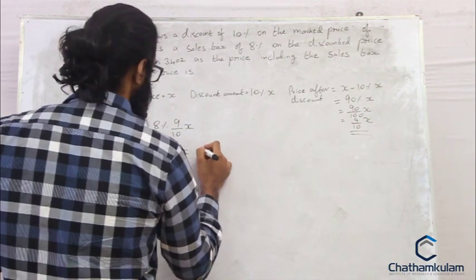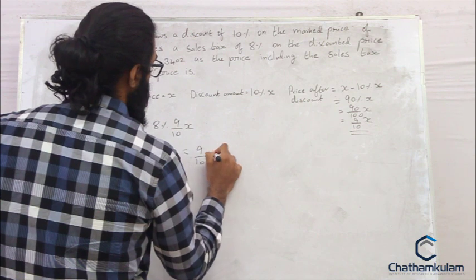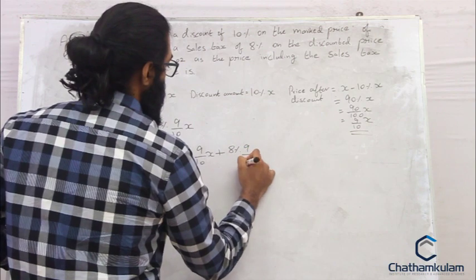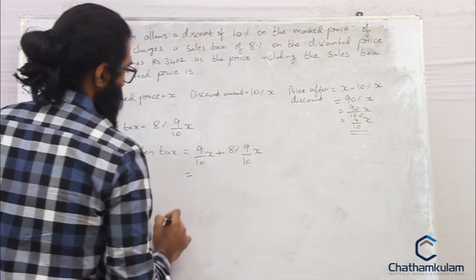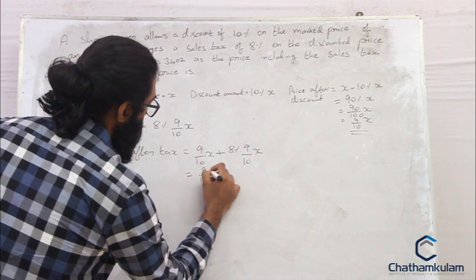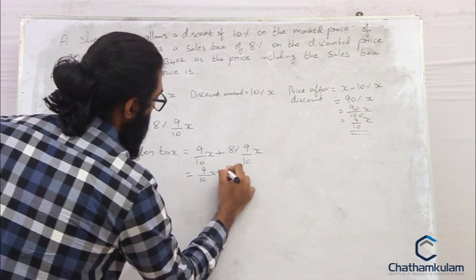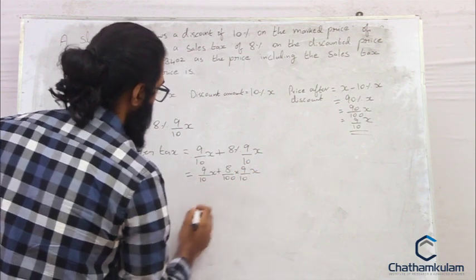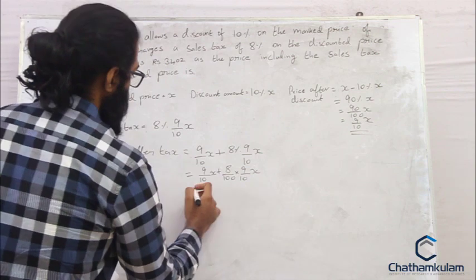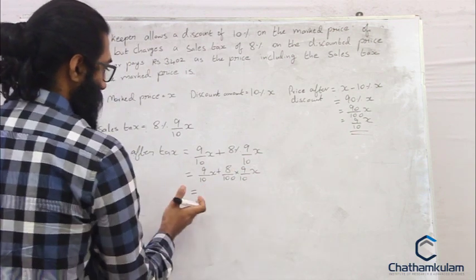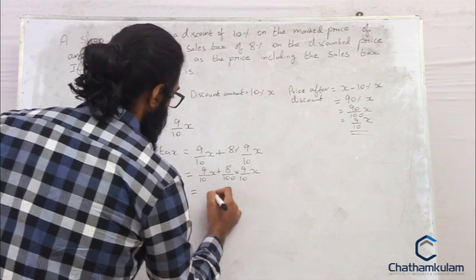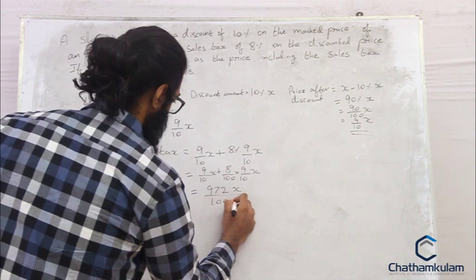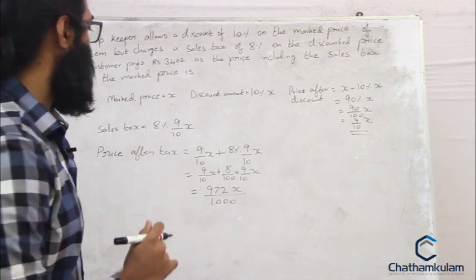So we get 9 by 10 X plus 8% of 9 by 10 X, that is 8 by 100 into 9 by 10 X. On solving, by taking LCM, we get the value as 972X by 1000. So this is the price after tax.